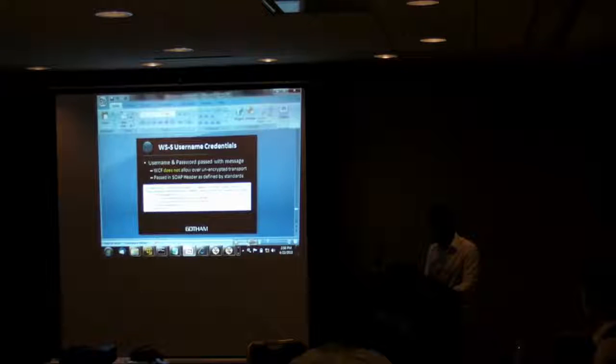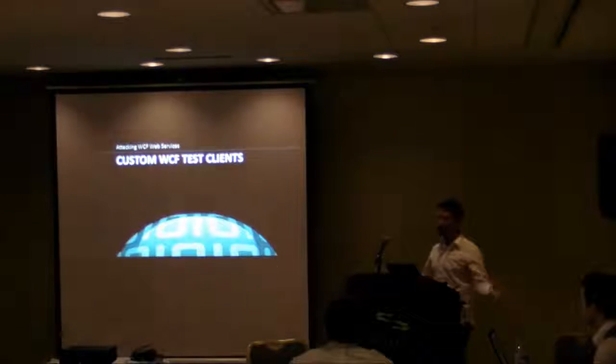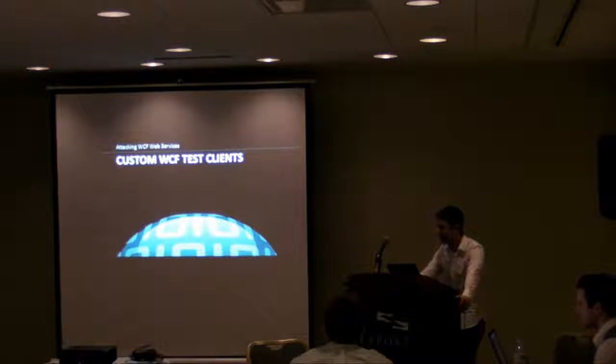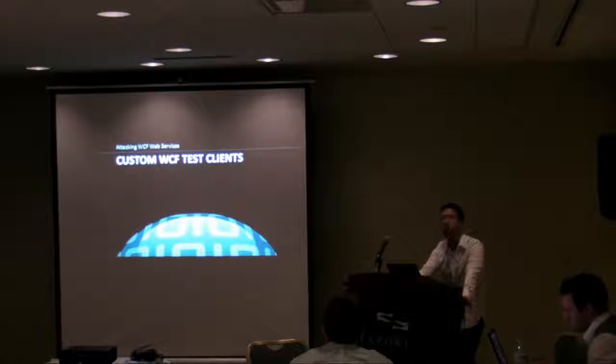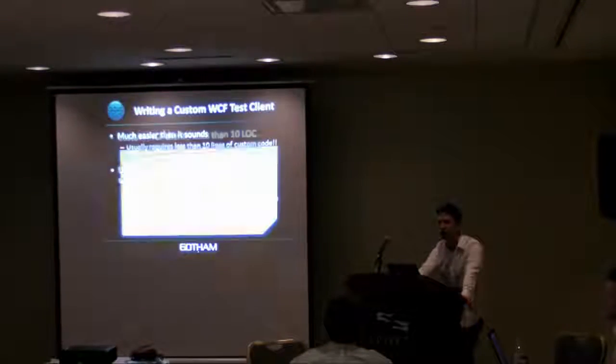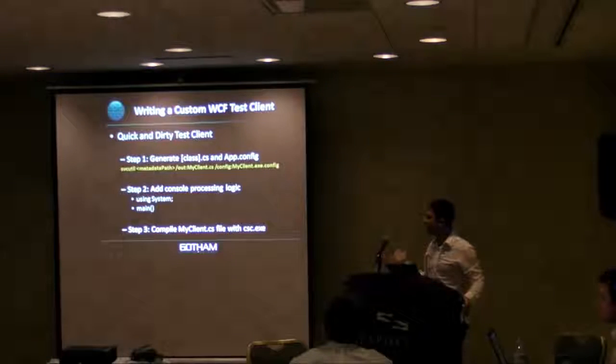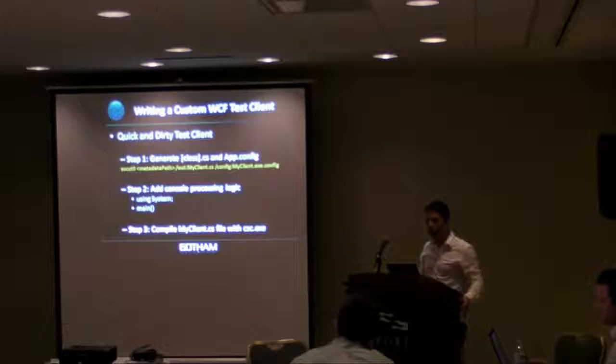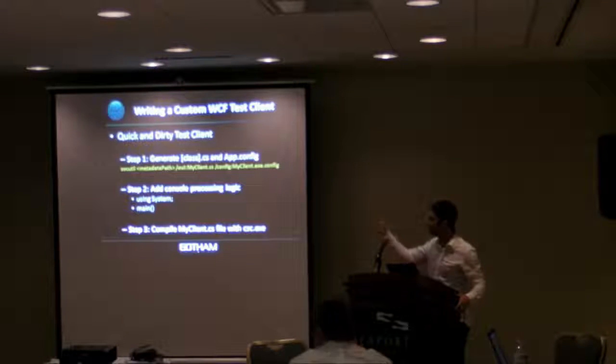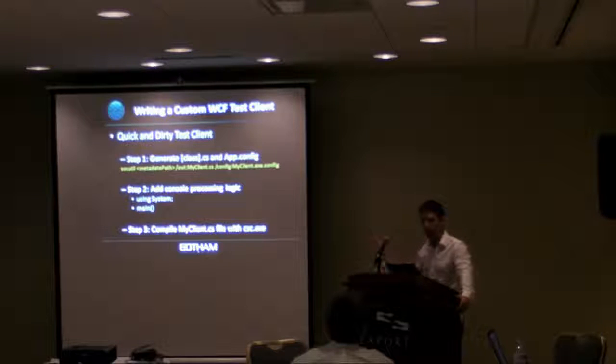So the last section I had on custom test clients, it's really not that important. The only takeaway here is that, if all else fails, you can always write your own test client. It's really as easy as you can do it in less than 10 lines of code. All you have to do is generate a stub to the web service using the metadata utility if you have the WSDL.